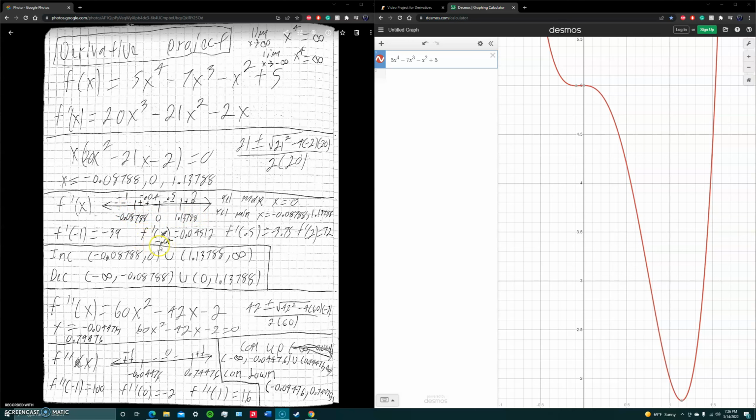I then used negative 0.04 and got a positive, which means that the graph was decreasing from negative infinity to negative 0.08788, and then when I used 0.5, it was another negative, meaning that it went from positive to negative, which meant that it was increasing from negative 0.08788 to 0.